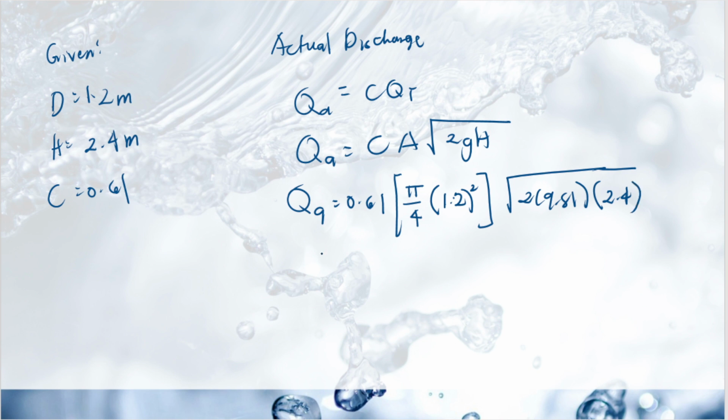So Q sub A is equal to 4.734 cubic meter per second. This is the answer for this problem.